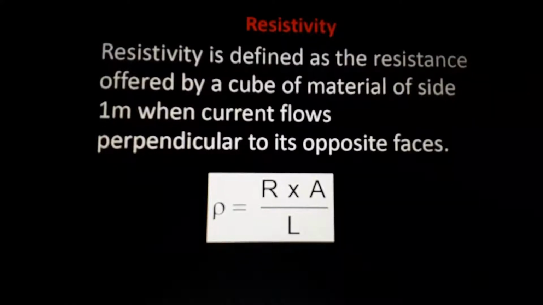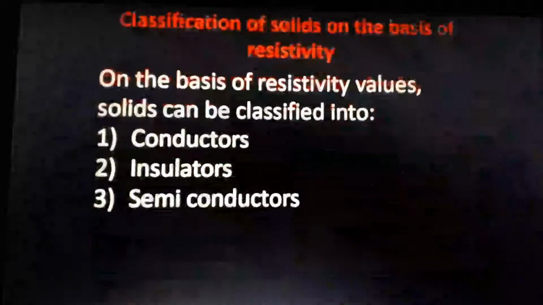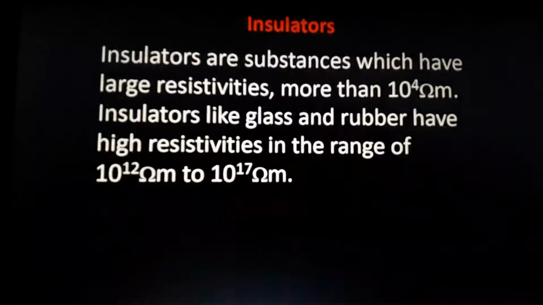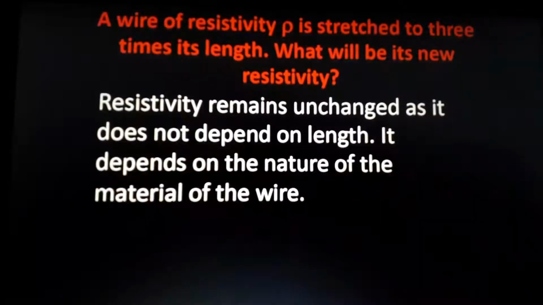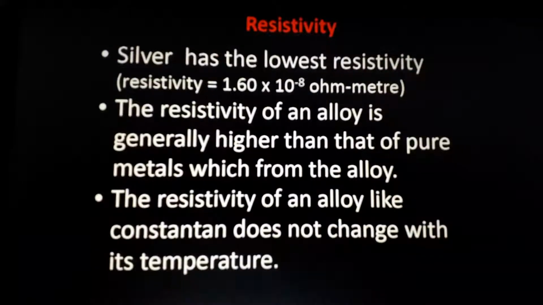So for alloys such as nichrome, lots of alloys are there, but nichrome is the mostly used alloy which has high resistivity. In that case, the number of positive ions inside nichrome will be very, very high. That's why it creates a lot of heat inside it. The same application we are using in the case of what?